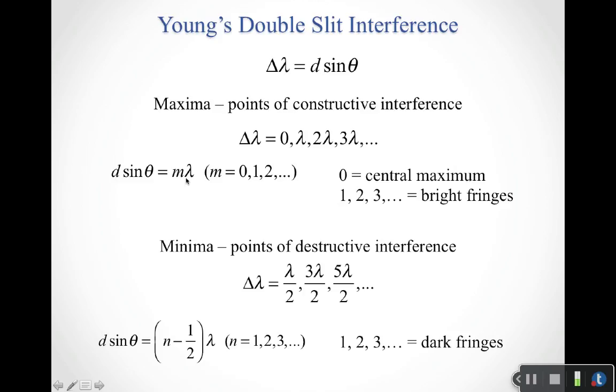Or I can have problems where I'm given particular types of interference, either maxima or minima, and then use those points to figure out what's going on, say either the separation between my slits or, using my tan theta equals y over L, the location of things on the screen. So those are fundamentally how we're going to end up working with our double slit interference problems.